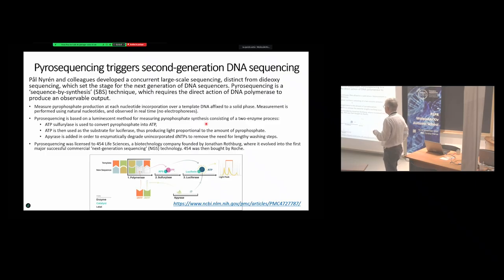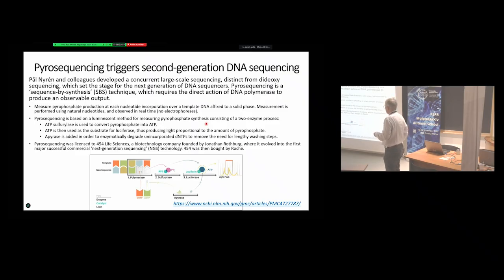And what was interesting is that pyrosequencing is a sequencing by synthesis technique in which the direct activity of the DNA polymerase is used to generate an observable output.